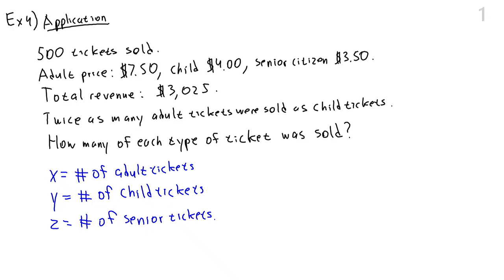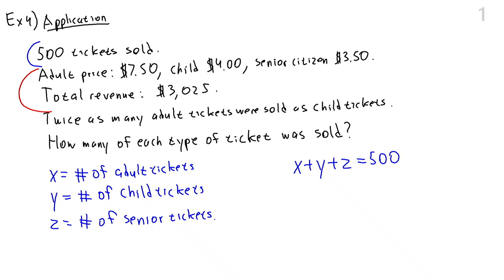And now we're going to use the first piece of information, that there were 500 tickets sold, to write down the first equation. Well, this means that the total number of tickets was 500, so x plus y plus z is 500. The second bit of information, we're told all the prices of the tickets and what the total revenue was.